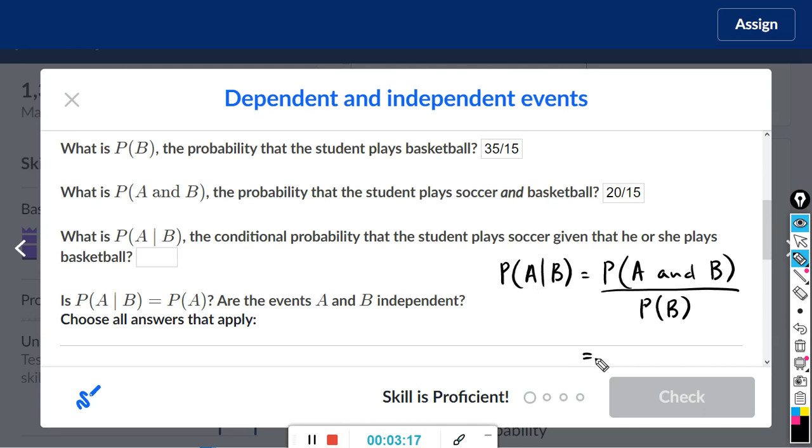The probability of A and B, we said right here, was 20 out of 150. So it was 20 over 150, and that whole thing is divided by the probability of B. We said the probability of B was 35 out of 150.